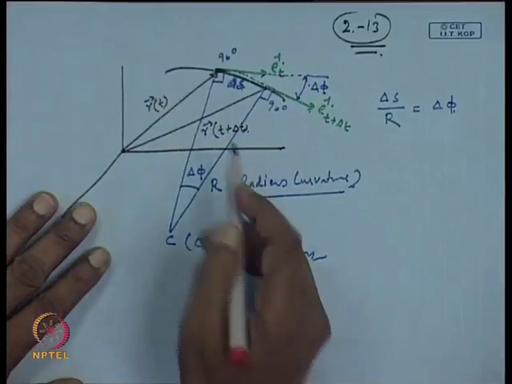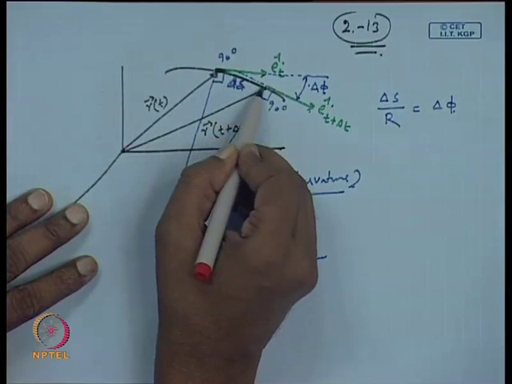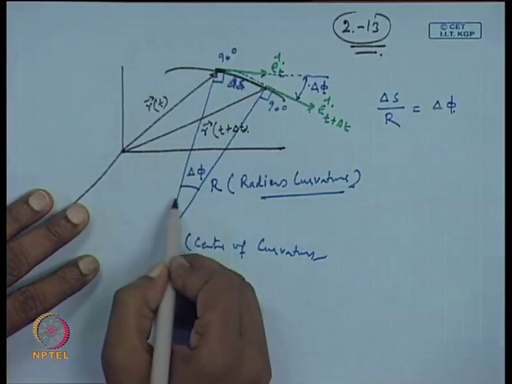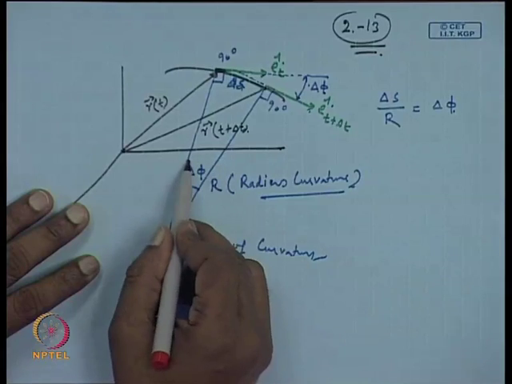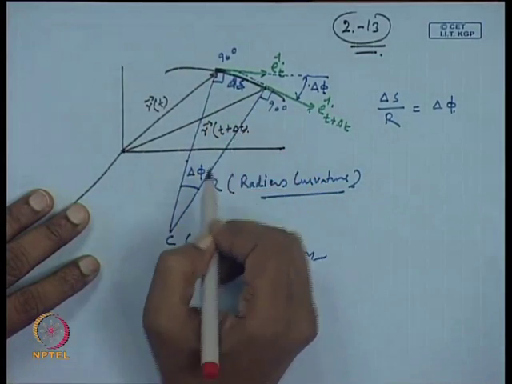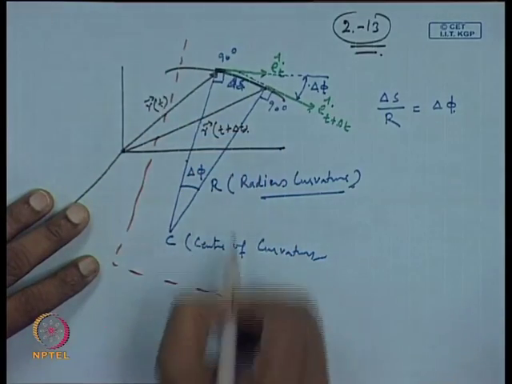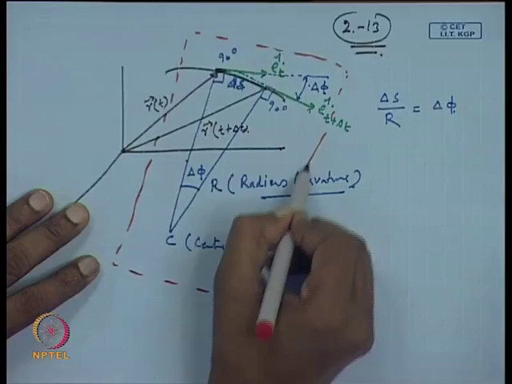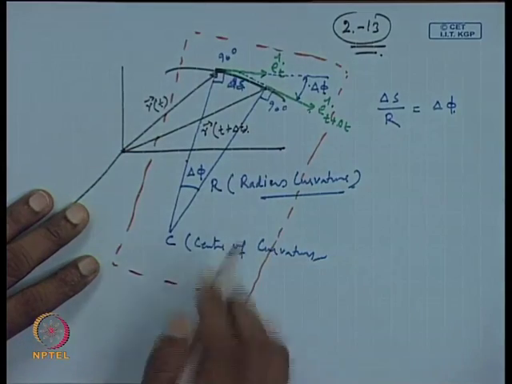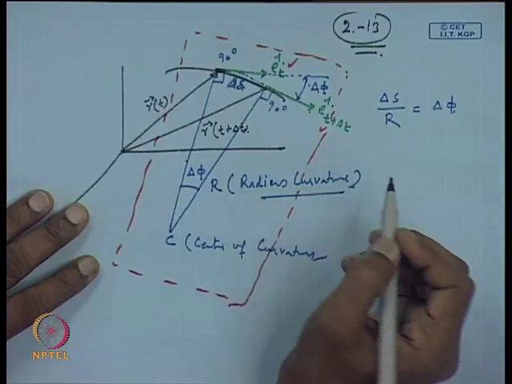Okay, so the plane that this small segment delta s and these two radius of curvature lines constitute is called an osculating plane. It is constituted by your Et vector and Et plus delta t vector.